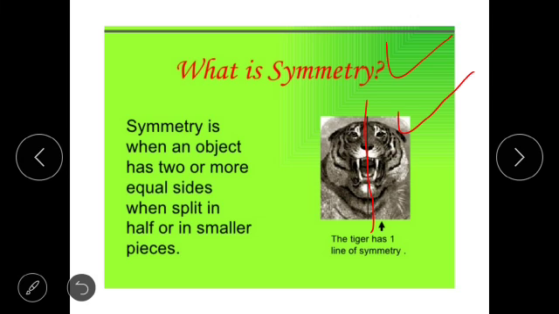These two parts on either side of this vertical line are identical to each other, and this tiger has a line symmetry, that is, these two parts are symmetrical about the vertical line. That is, these are mirror images of each other. This is called symmetry.